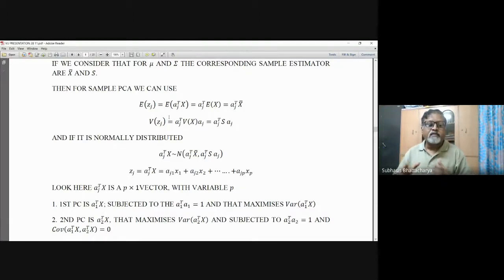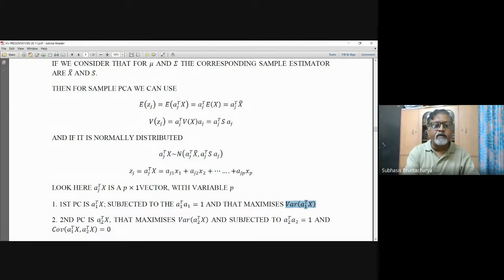For example, the first principal component. If I consider the first principal component, what is it? The first principal component is A1 transpose X, and it is subject to A1 transpose A1 equals 1, and that comes from the maximum variance, so its variance will be highest.